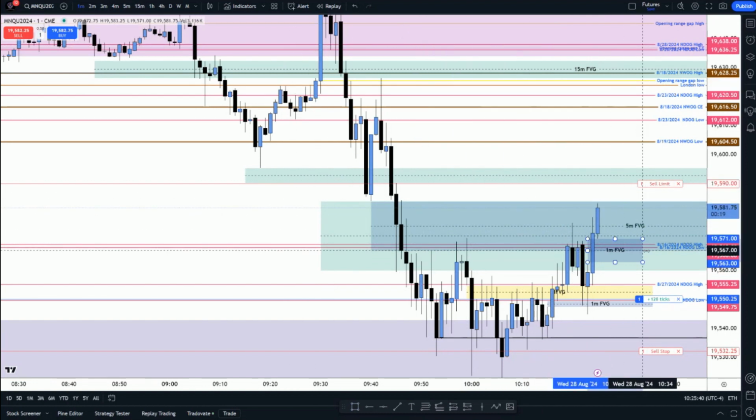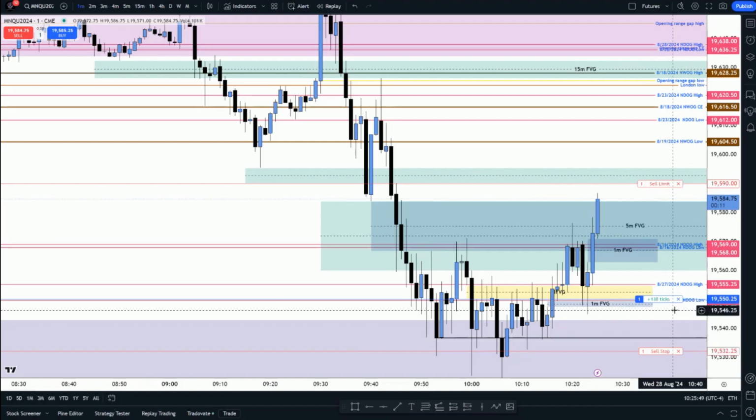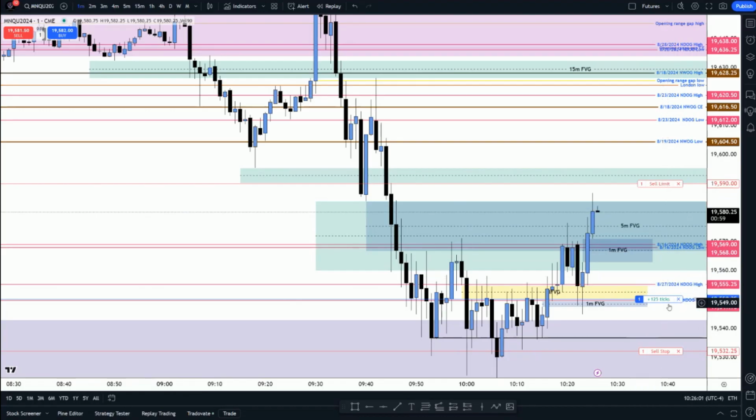I want to see this one form and stay open. It could dig back down into this one. I don't want to see it happen, but it could.